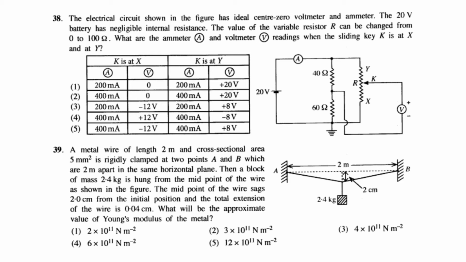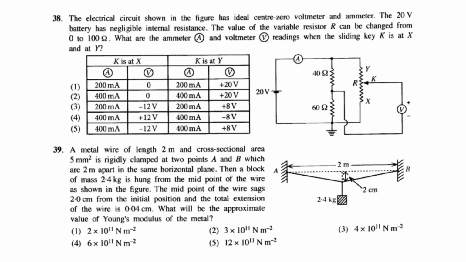P is connected to the negative terminal of the voltmeter and the key is connected to the positive terminal of the voltmeter. Now let's see what will be the reading of the voltmeter when the key is at X. When the key is at X, there is no potential drop below X, so the potential at X is also 0.